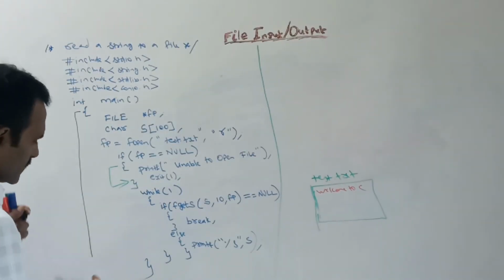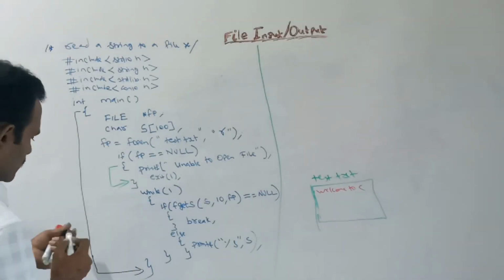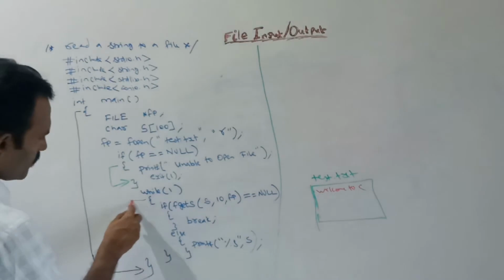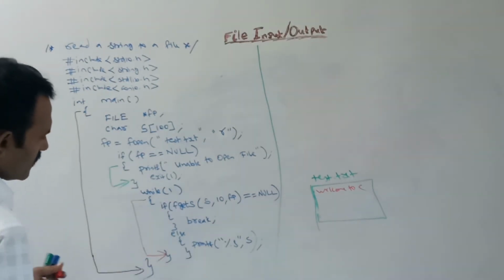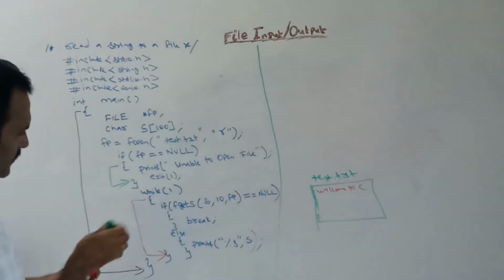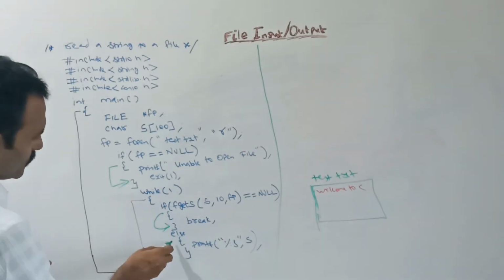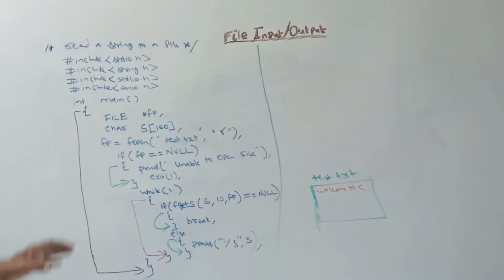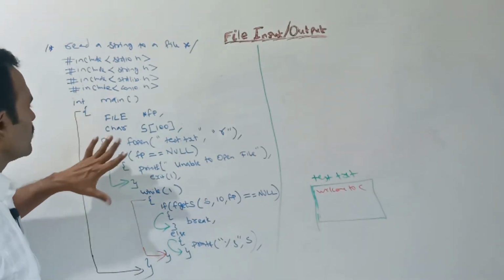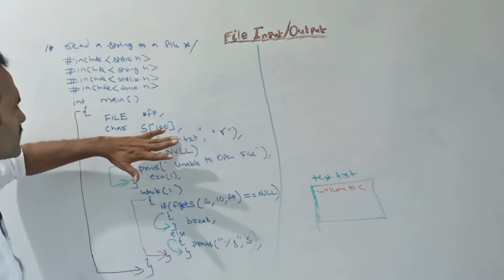See, here I am closing this main function. Next the while loop, this one. Next if and else, the if part, the else part. See, very simple here. Two variables, a string where 100 letters can be stored.